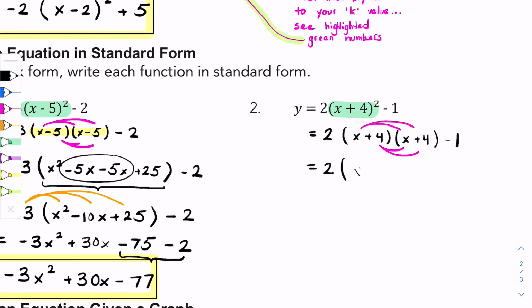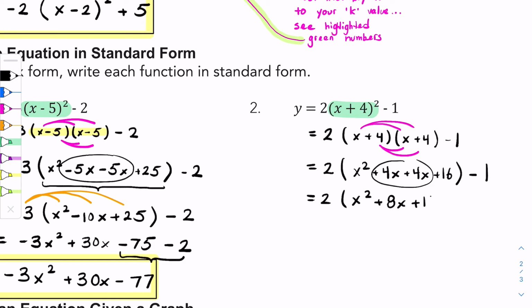2 times x squared plus 4x plus 4x plus 16, close parentheses, minus 1. 2 multiplied by x squared plus 8x plus 16, minus 1.